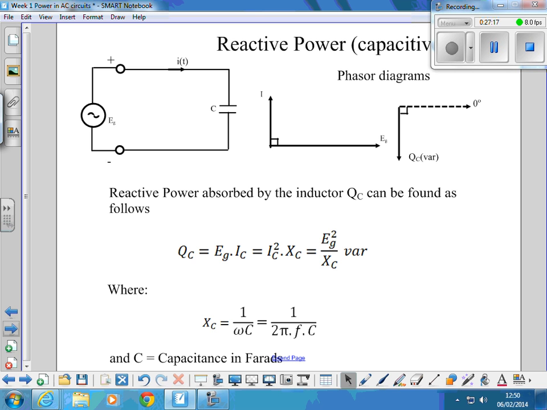So, again, a little bit more about these phasor diagrams and how you can calculate values for QC. We can get it from the generator voltage times the capacitor current. We can get it from that current squared times the capacitive reactance XC, and we can get it from the generator voltage squared over XC.